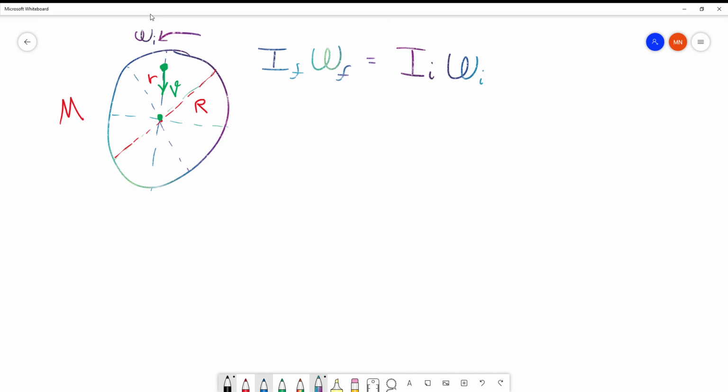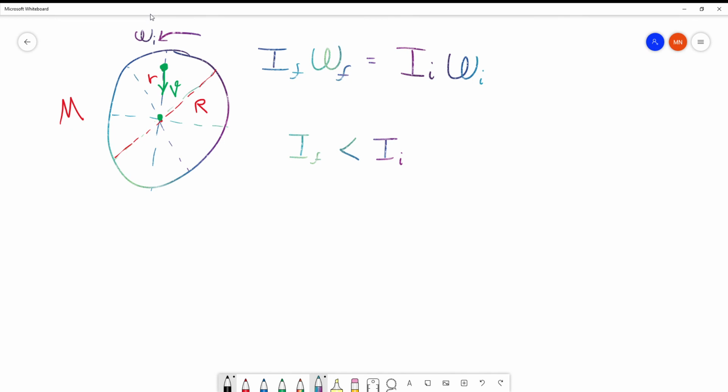From first principles, we can see that the moment of inertia is going down from the initial case to the final case. Once the bug reaches the center, the total moment of inertia for the system is going to decrease. Specifically, the final moment of inertia is going to be less than the initial moment of inertia.